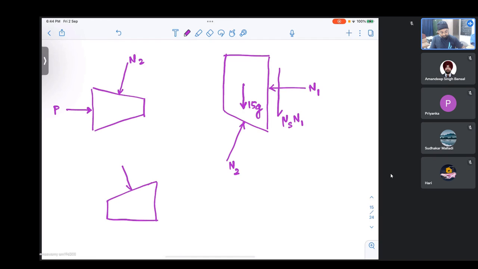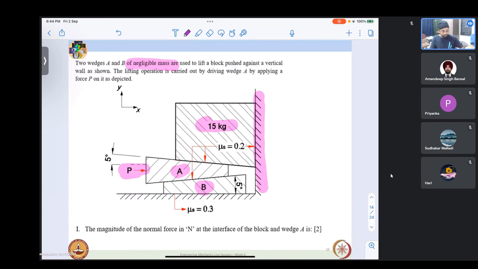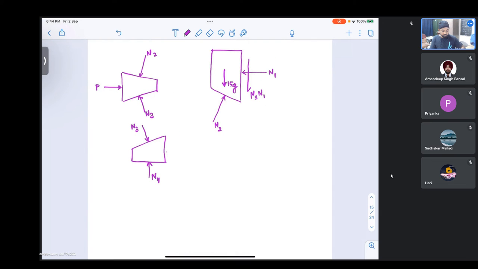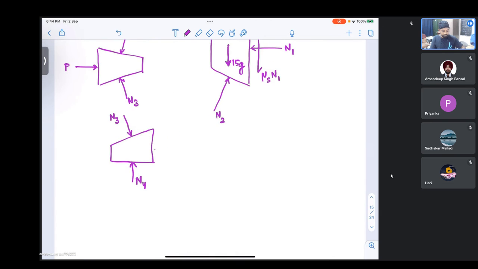Likewise, this will apply some force N3, let us say. Finally, from the floor, it will offer N4. And on the right side, if we see the problem, it is not in contact. Here, there is a gap. So, there will be no other force acting on this from this side.